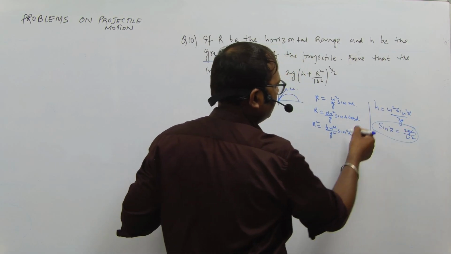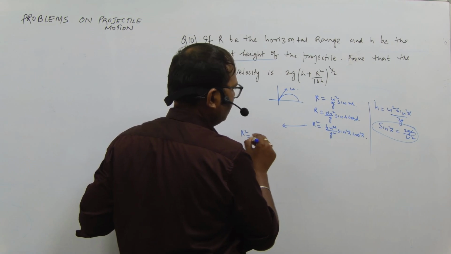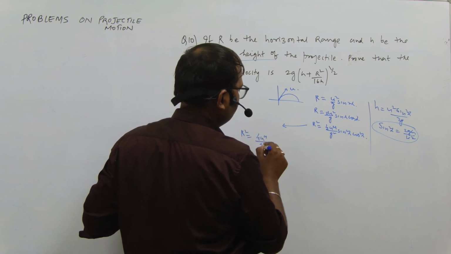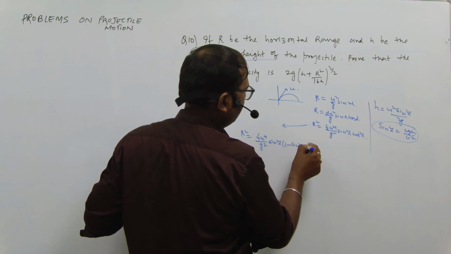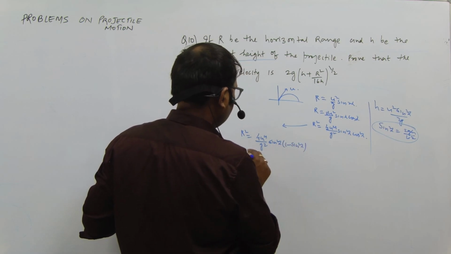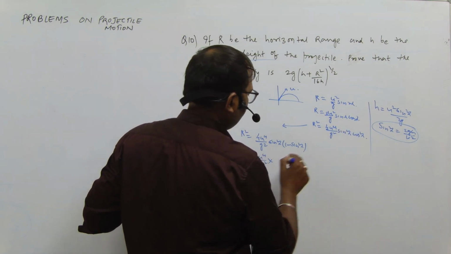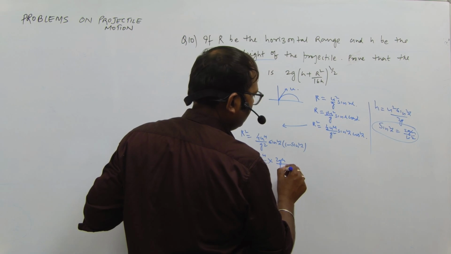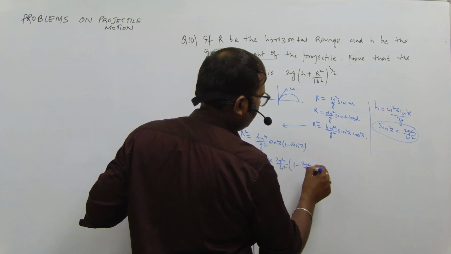Let us put the value here. We can further write R square is equal to 4u to the 4 upon g square sin square alpha into 1 minus sin square alpha. So R square is equal to 4u to the 4 upon g square, with sin square alpha as 2gh upon u square, into 1 minus 2gh upon u square.